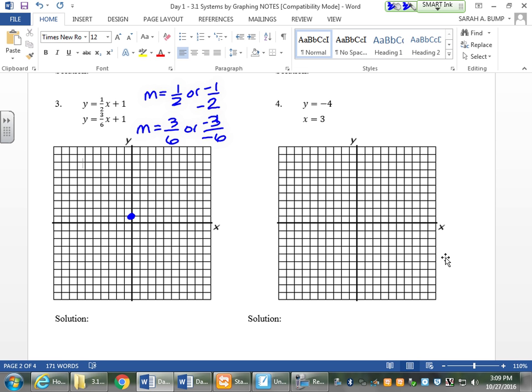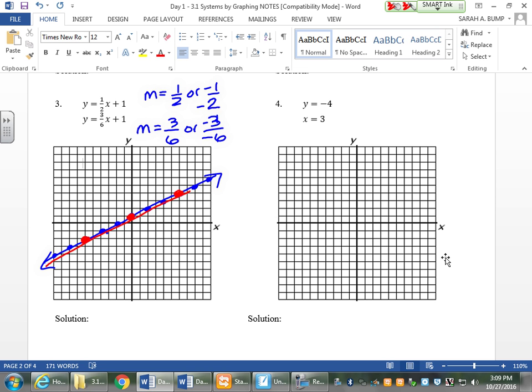So the first graph, I'm starting at 1 and going up 1, right 2, a whole bunch of times, up 1, right 2, or down 1, left 2. And then my second equation also starts at 1, but goes up 3, right 6, or down 3, left 6.